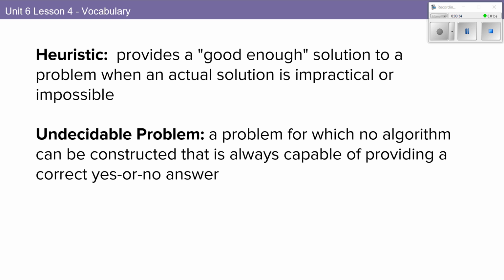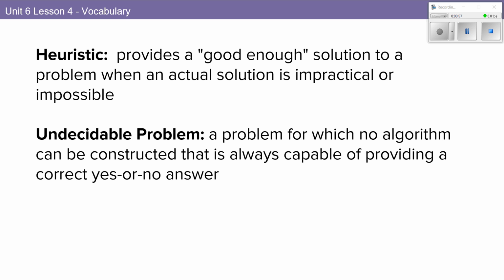Remember, algorithms are finite sets of instructions to perform a task, ideally to solve a problem. However, they may take an unreasonable amount of time. So if an algorithm takes an unreasonable amount of time, we may settle for what's called a heuristic instead of an algorithm.